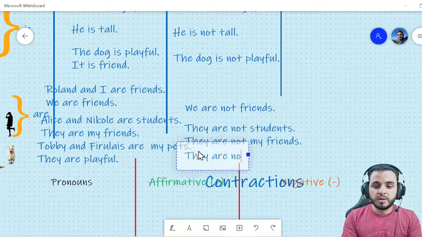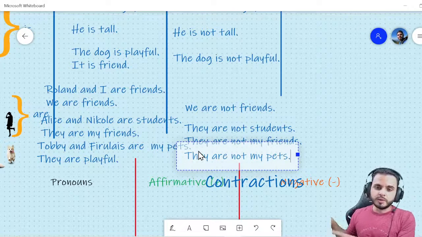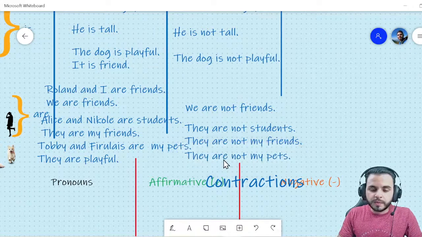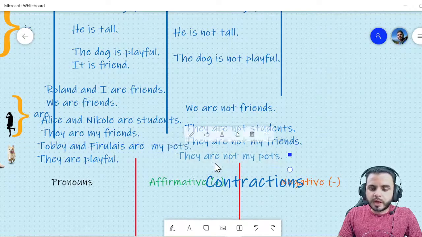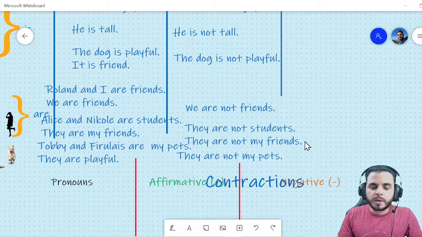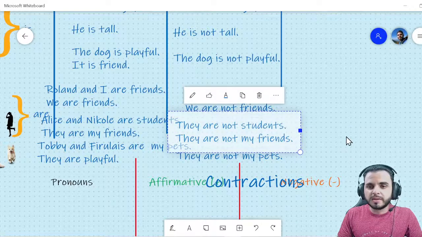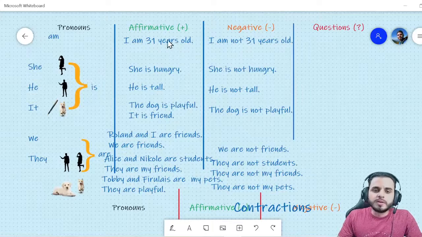They are not my pets. Maybe they are just stray dogs. I just saw them, maybe outside of my house, and I say, well, those pets, they are not my pets.